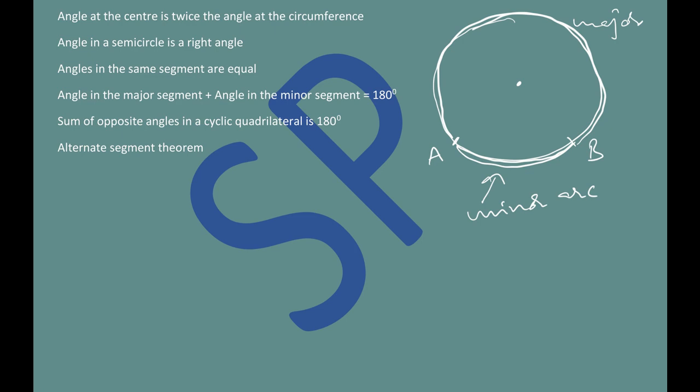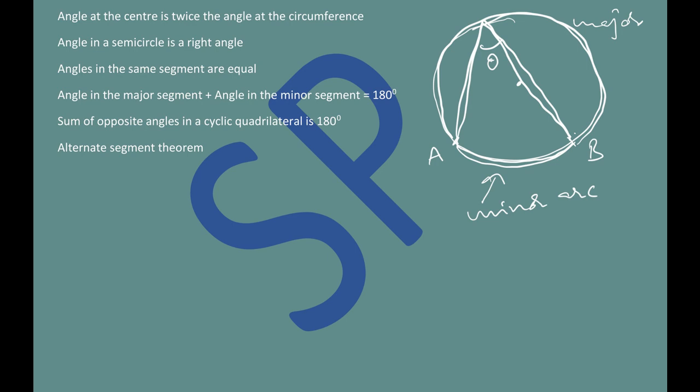You see, I call this angle the angle made by AB on the circumference. When I say that, I mean this arc, but not the major arc. I don't call this angle the angle made by AB on the circumference.